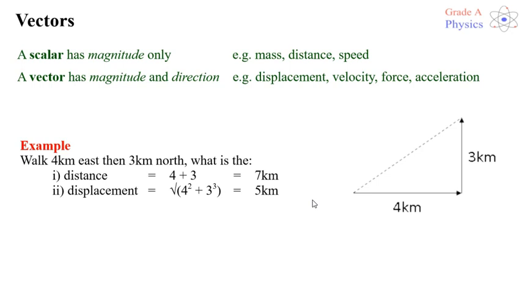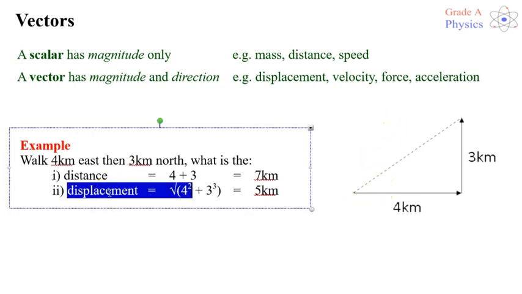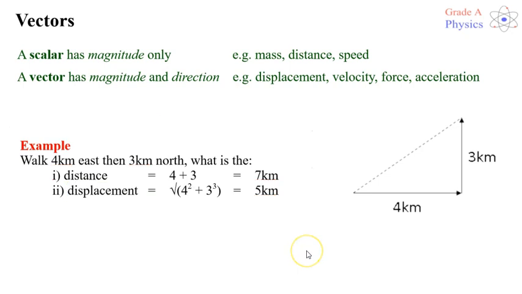So we can use Pythagoras to work out this direct route. 3 squared plus 4 squared, square root, is 5, and that's a 3, 4, 5 triangle, which you might recognize. And if we were saying that's displacement, we'd also have to talk about the angle or the bearing, so we need to use SOHCAHTOA to calculate an unknown angle there.